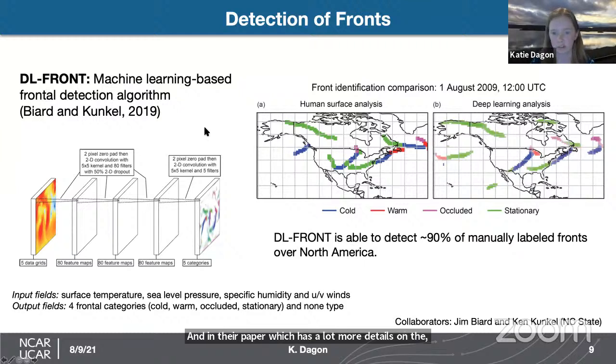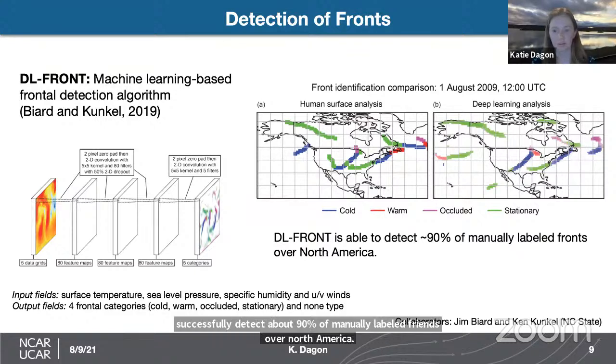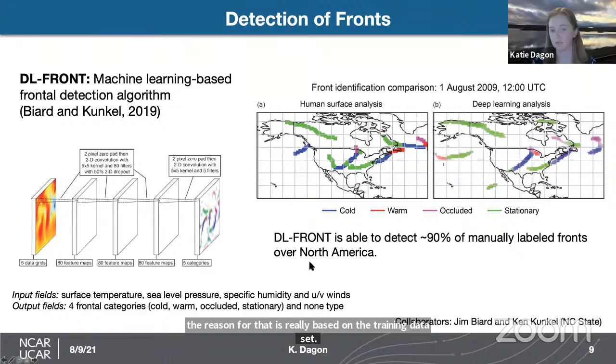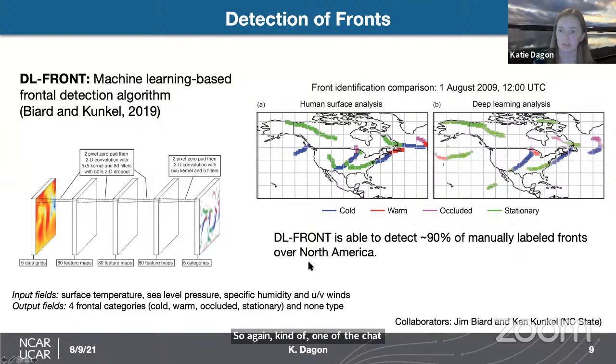And in their paper, which has a lot more details on the type of the machine learning algorithm and the architecture, they are able to successfully detect about 90% of manually labeled fronts over North America. A couple of things to note here. The spatial domain is now just North America versus what I was showing with ClimateNet, which was a global spatial domain. And the reason for that is really based on the training data set. Again, one of the challenges with these detection algorithms is where you're getting your training data.